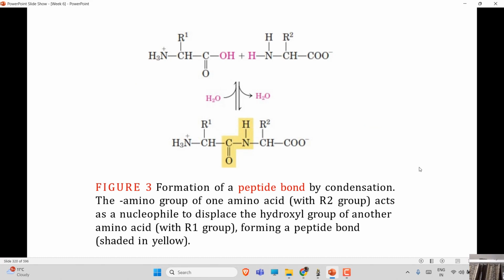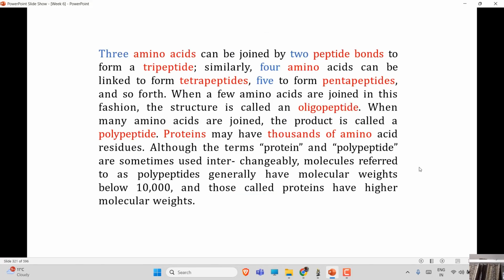We see the formation of a peptide bond by condensation. The amino group of one amino acid with an R2 group acts as a nucleophile to displace the hydroxyl group of another amino acid with an R1 group, forming a peptide bond. Three amino acids can be joined by two peptide bonds to form a tripeptide.